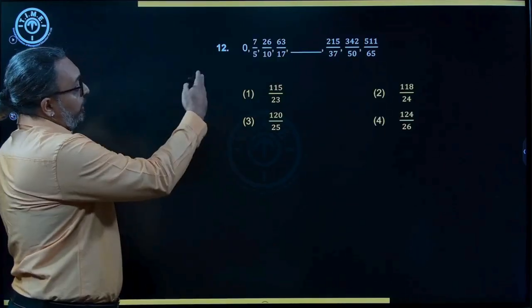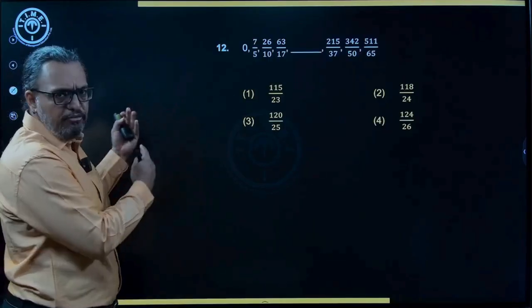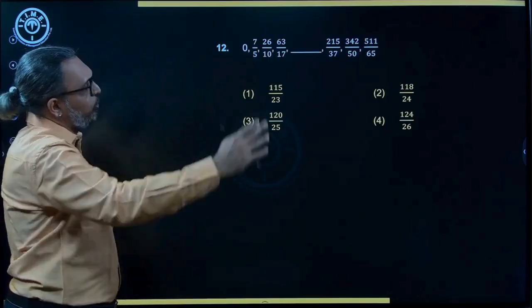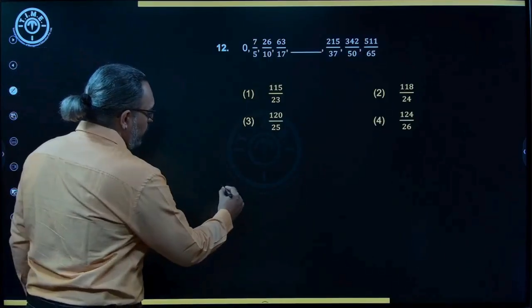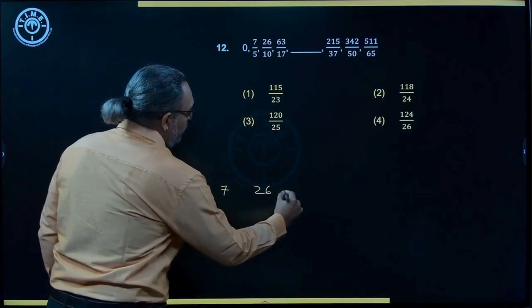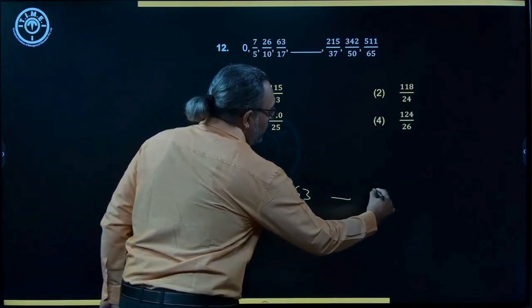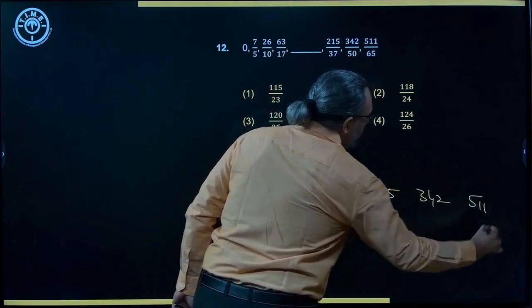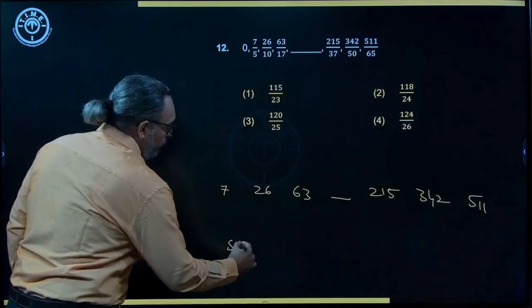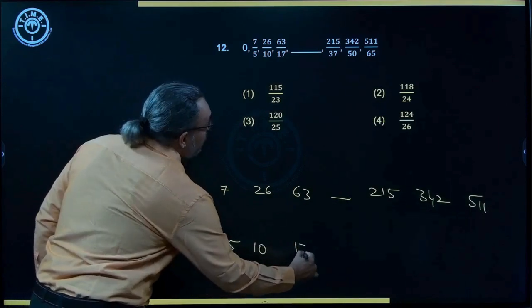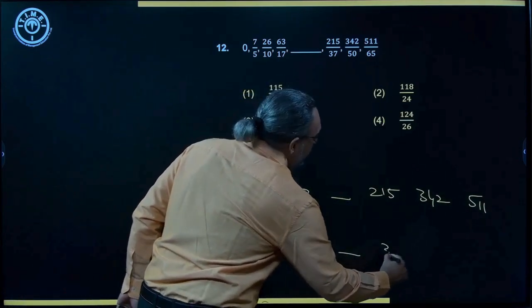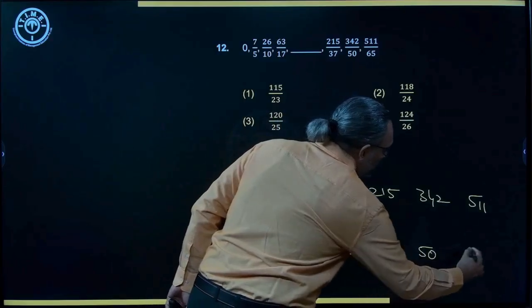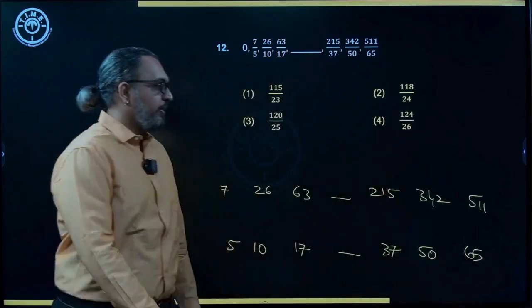yes, again if you check, leave the 0 for now. Now if you check the numerator separately: 7, 26, 63, blank, 215, 342, 511, and the denominator: 5, 10, 17, blank, then 37, 50 and 65. Correct?